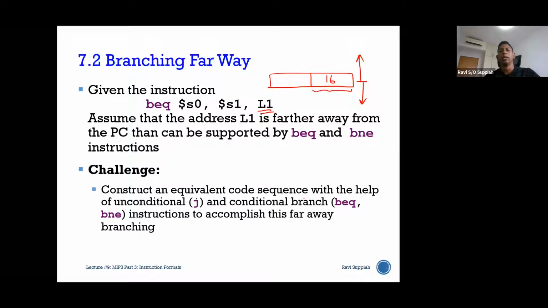For example, since it's already a branch instruction, it may choose to branch to some other location that is within this range, somewhere here or here, and then from there I can do another jump to the actual location that I want to go to. Again, these are things that the compiler will automatically do for us, if that label is beyond the range that is supported by the instruction.